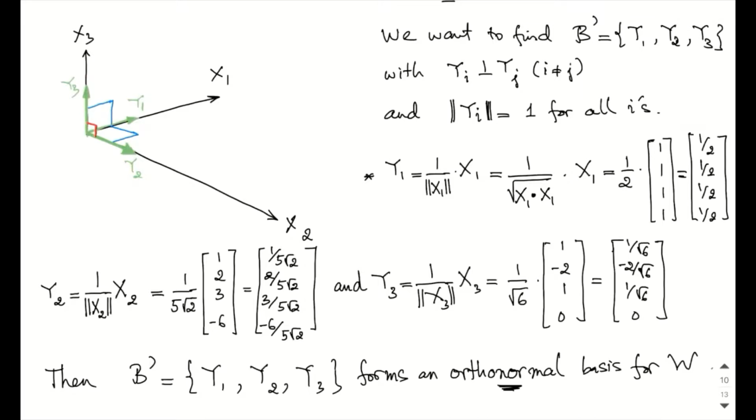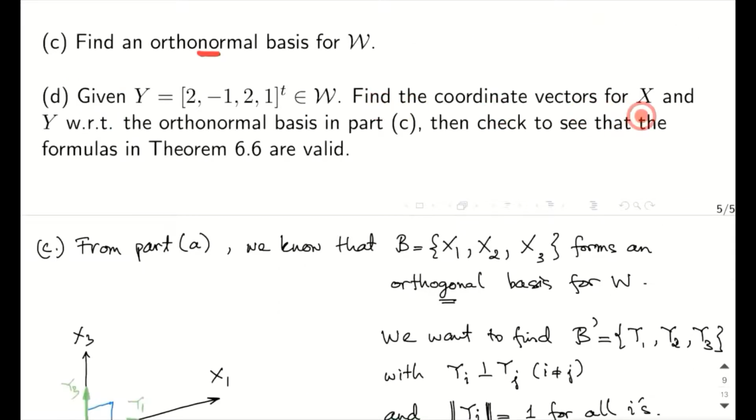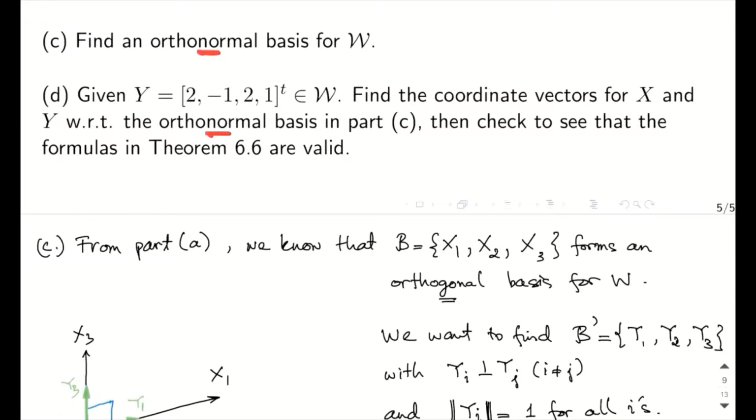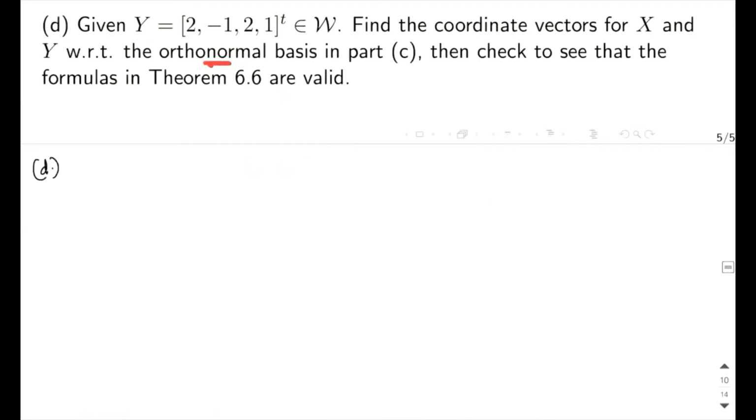Now in part D, we are going to find the coordinate vectors for x and for y with respect to the new orthonormal basis. And then we use these coordinate vectors to double check and see that the formulas in theorem 6.6 are valid. We are going to apply theorem 6.4 for the basis B prime. Remember, B prime is orthonormal, but orthonormal is actually just a special case of orthogonal.